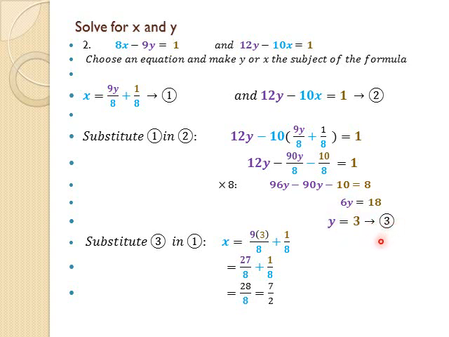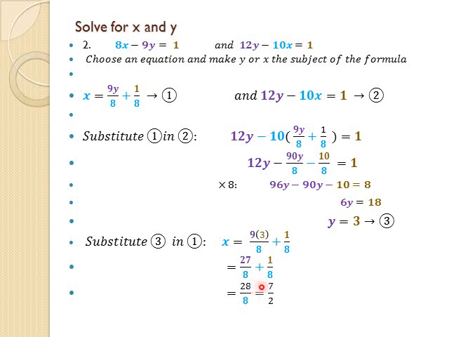This must now go back into equation 1 so that I'm able to solve for x. So x there would then equal 9 in the place of y. Place 3, so 9 times 3 gives me 27 over 8 plus 1 over 8. 27 plus 1, because the denominators are both 8, I can add the numerators, so 27 plus 1 gives me 28 over 8.